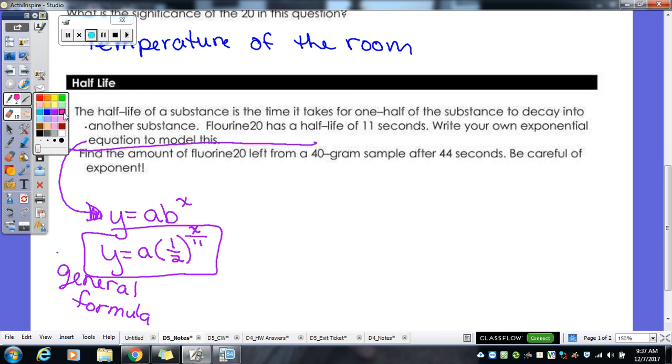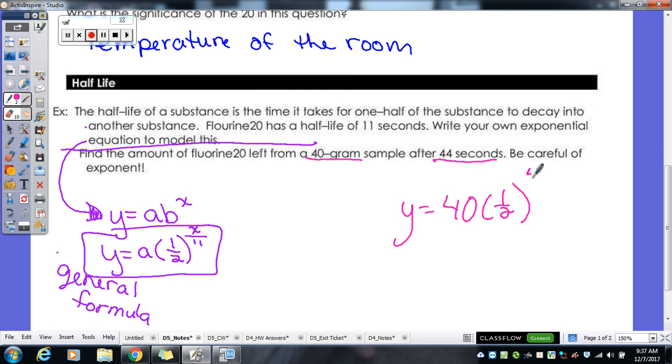So now if we look at the second part, they tell us we have 40 grams. They want to know how much is left after 44 seconds. So those are our two numbers we're going to plug in. So 40 grams would be our A. And then for our exponent, it would be the 44 seconds divided by 11.